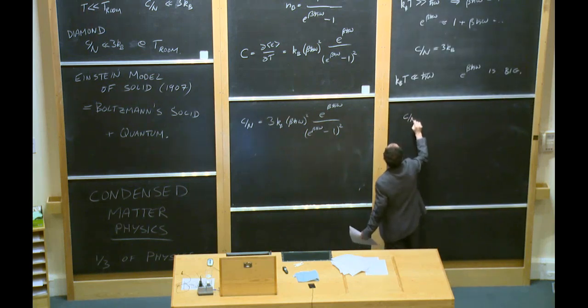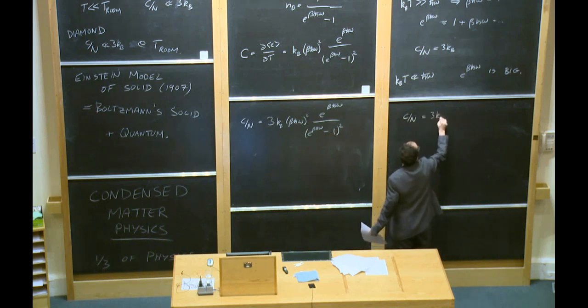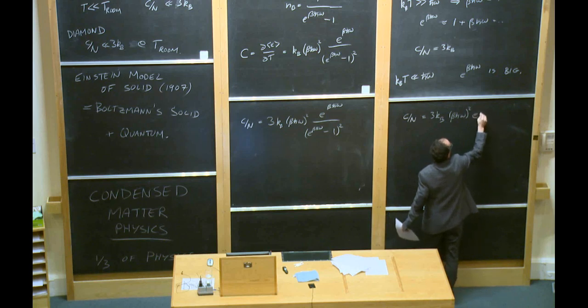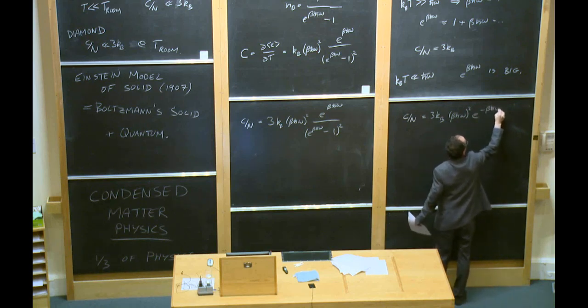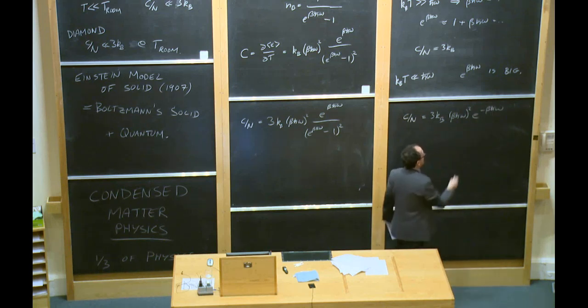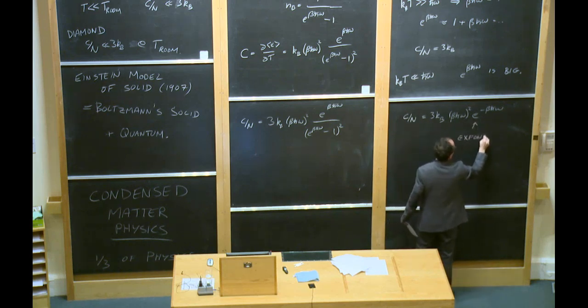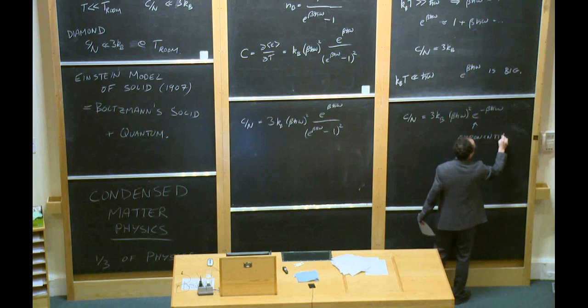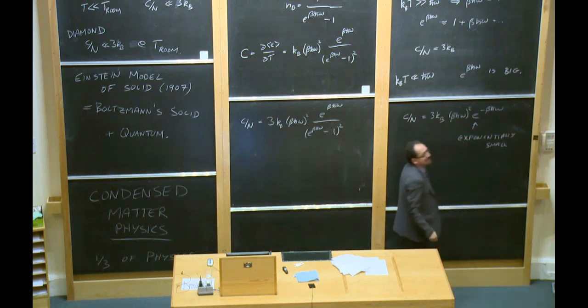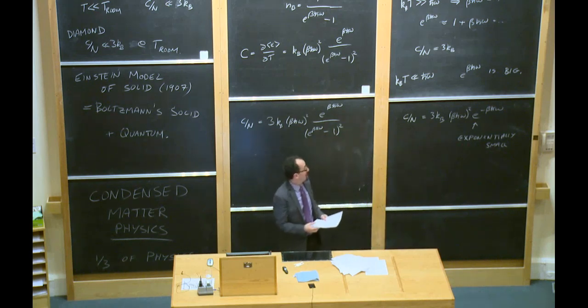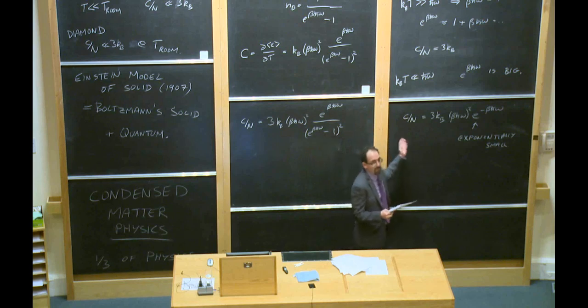And we'll get C over N is 3 k_B times (beta h bar omega) squared e to the minus beta h bar omega. And the important thing about this is this exponent, which is exponentially small, tiny. So when you go to temperatures way below h bar omega, the heat capacity drops like crazy.